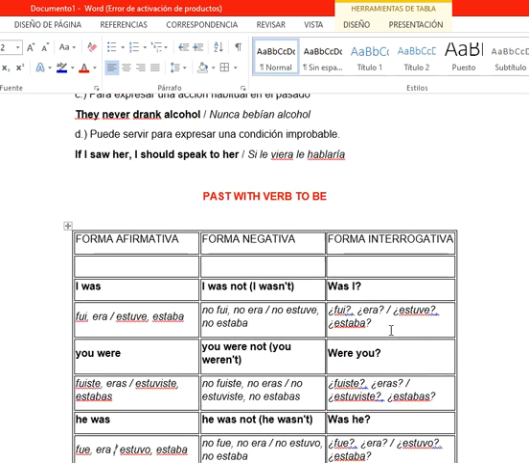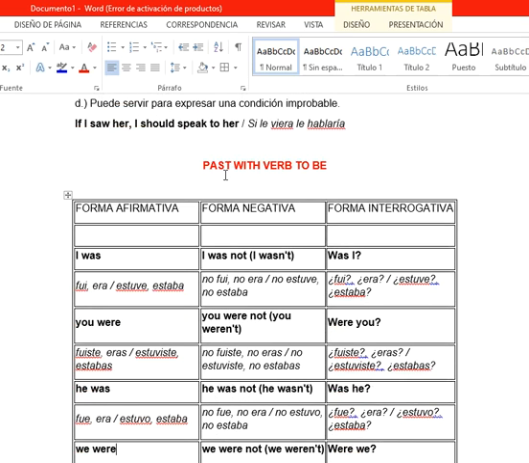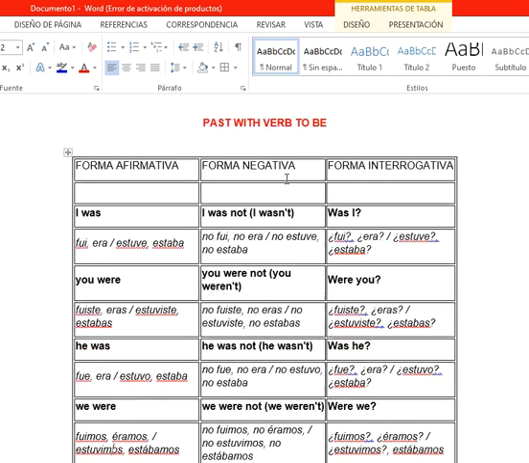Okay, then our next topic is past with the verb to be. This one is easier, in my opinion. You have to take into account that in past, the verb to be has two forms. The first one is was, and the second one is were. Was is going to work with I and all the third person words: he, she, or it.